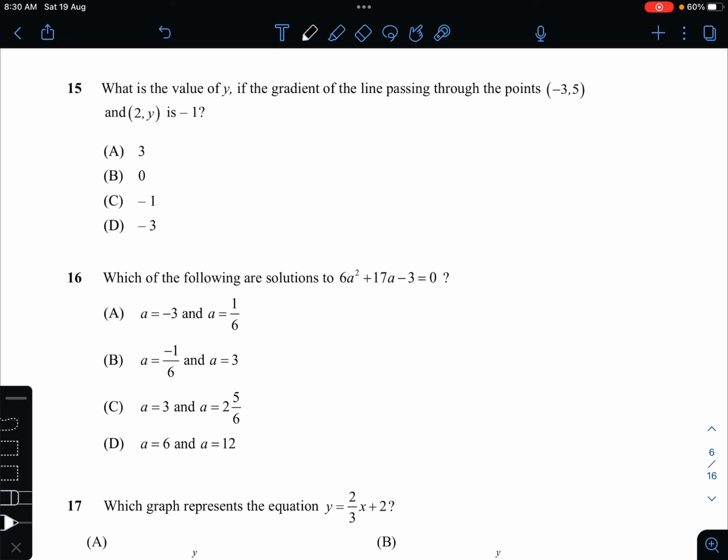What's the value of y if the gradient of the line passing through the points (-3, 5) and (2, y) is equal to -1? So we have a line which is in the form y equals mx plus b, presumably. And you have the points -3, 5. So 5, you sub it in, equals -3m plus b, and y equals 2m plus b.